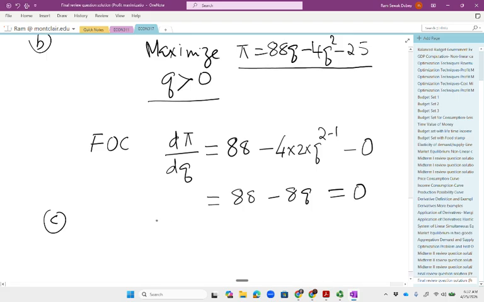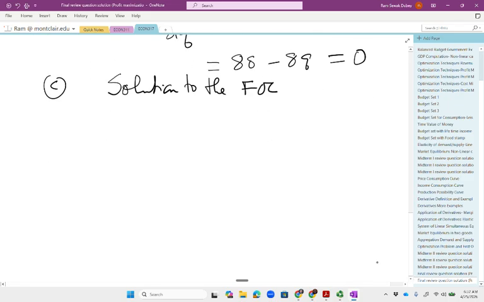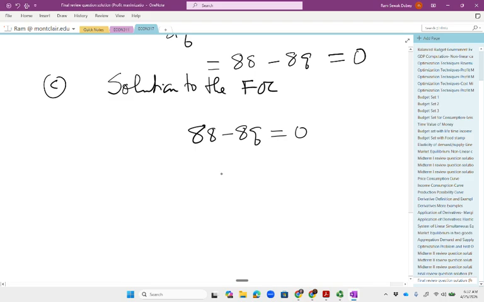Next part, we will find the solution to the FOC. So let's write down the expression: 88 minus 8Q equals 0. That is the FOC. I can take the negative 8Q term on the left to the right hand side, so I add 8Q to both sides of the equal sign.